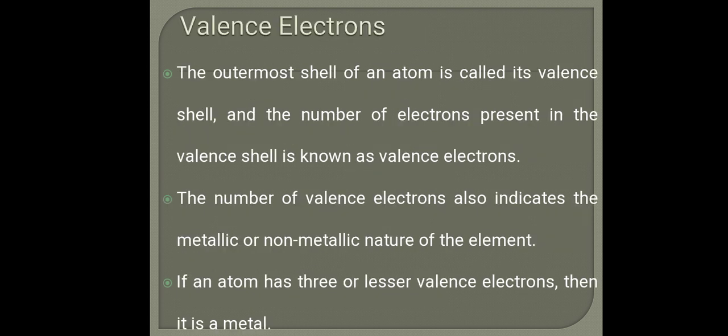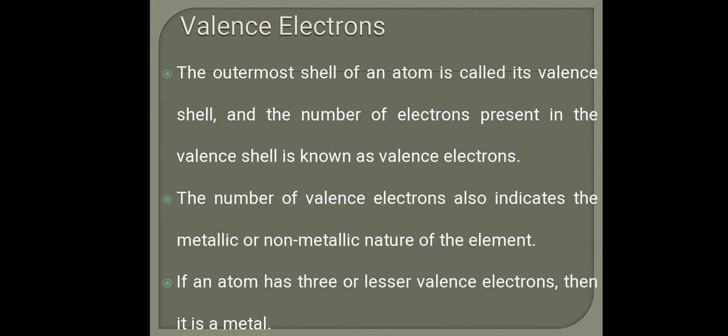Valence electrons. The outermost shell of an atom is called its valence shell, and the number of electrons present in the valence shell is known as valence electrons. The number of valence electrons also indicates the metallic or non-metallic nature of the element.